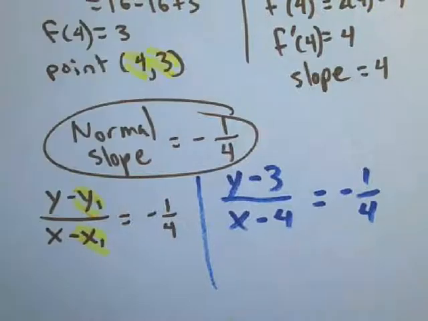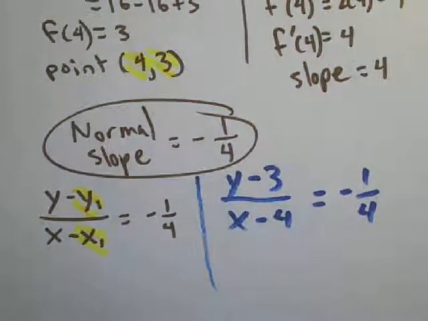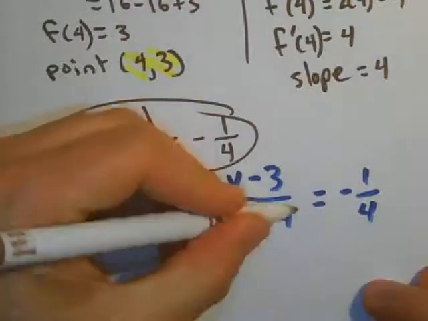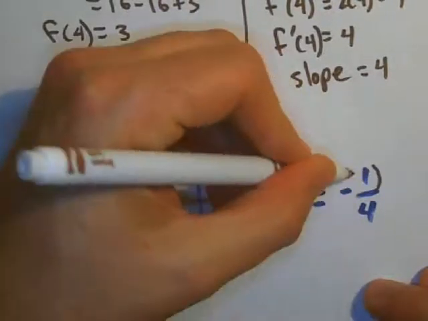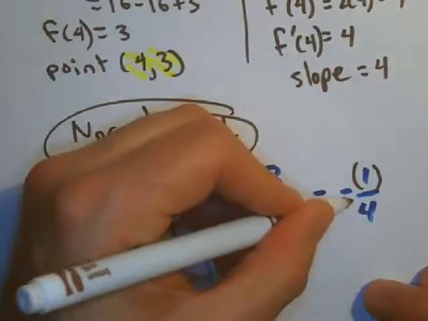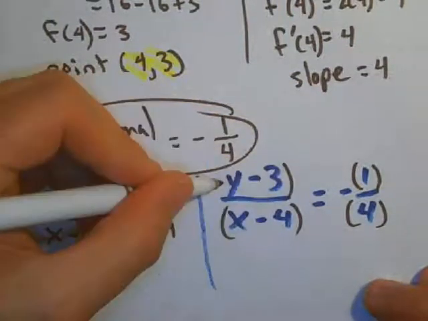If I see something like this, you might think, let's cross multiply here.